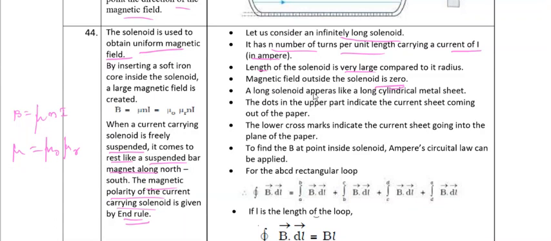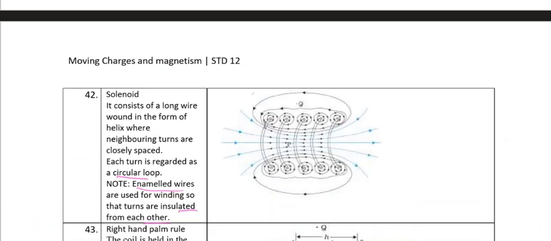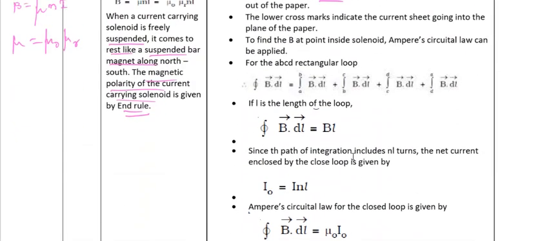So the long solenoid appears like a long cylindrical metal sheet. Therefore, the dots in the upper part and the crosses in the lower part.